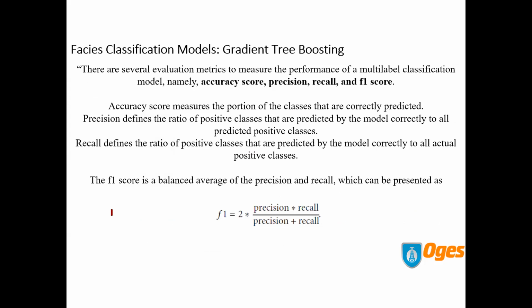In the case of facies classification models with gradient tree boosting, for example, the generalizable multi-class classification model was essentially built to identify all the different lithology classes from different areas. This is just one kind of functional relationship that I saw in a really good paper written by Shahab Mohaghegh.